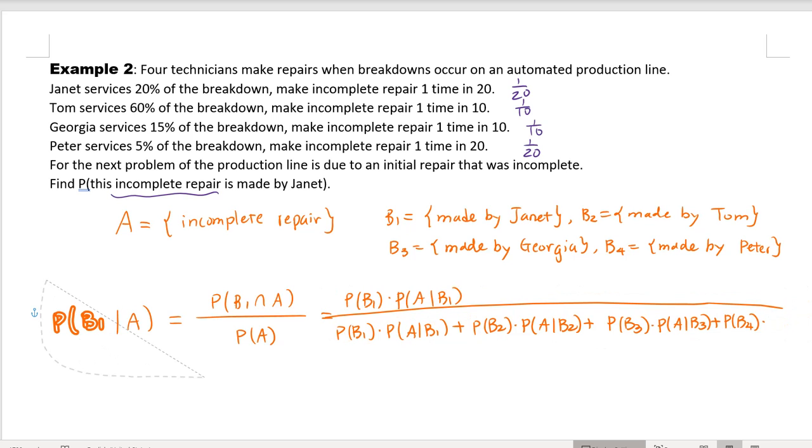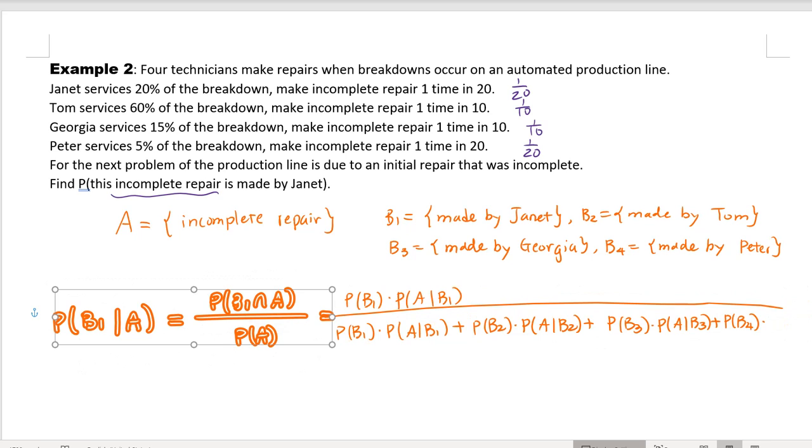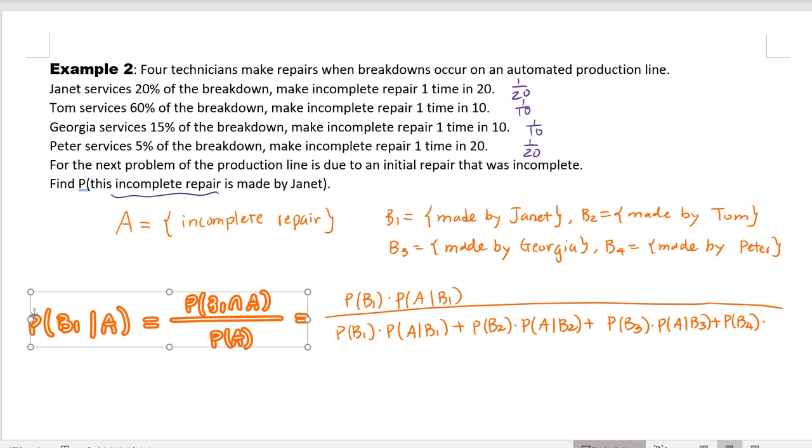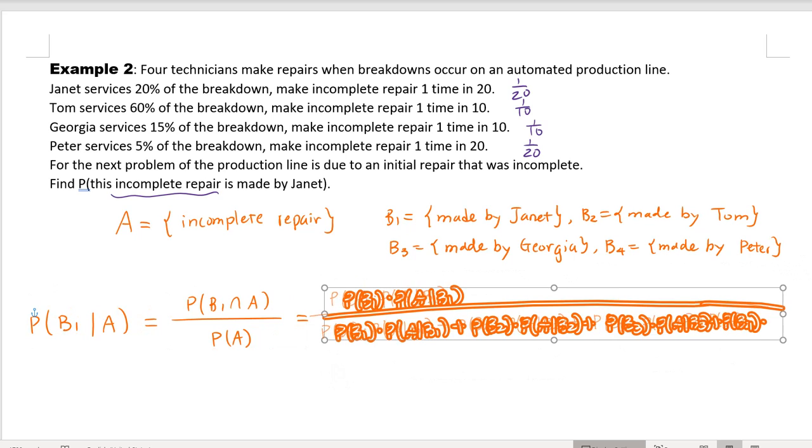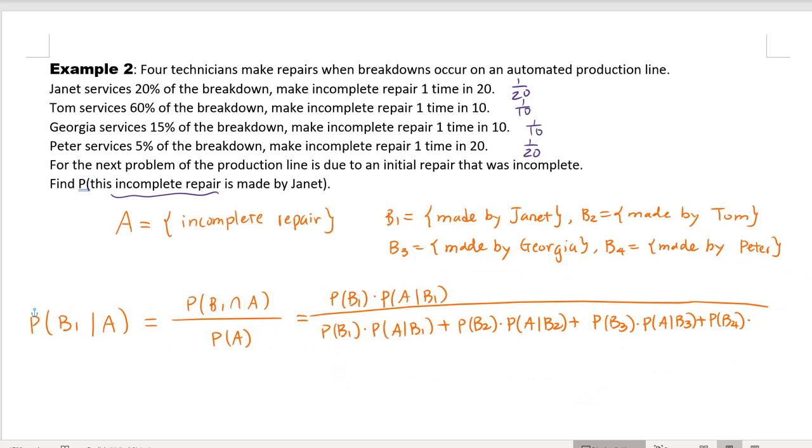Alright, so let me see. Can we move these things as well? Okay, so P of A given B4.